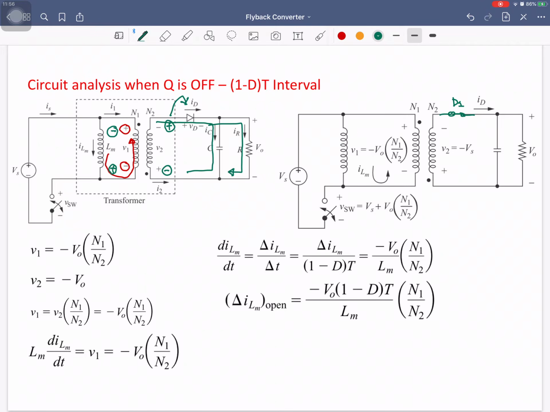Okay, so now let's look at what will be the voltage across the primary winding now. Because the switch is in the off state, your supply is disconnected. The current is going to flow over here, and this winding is connected in parallel to your load.